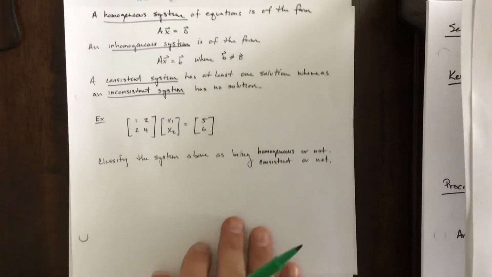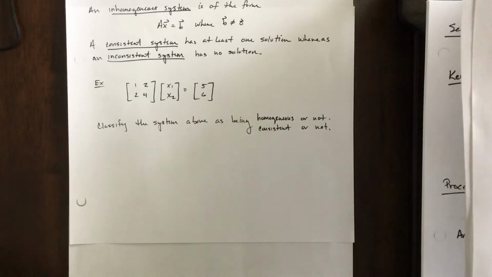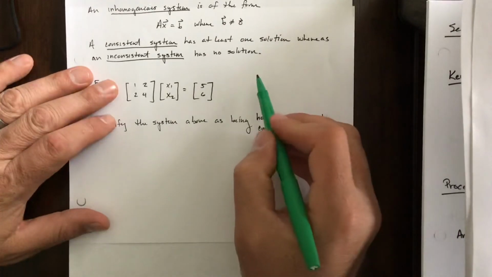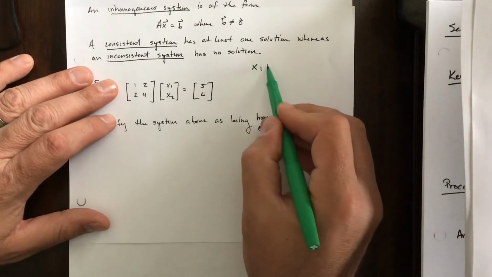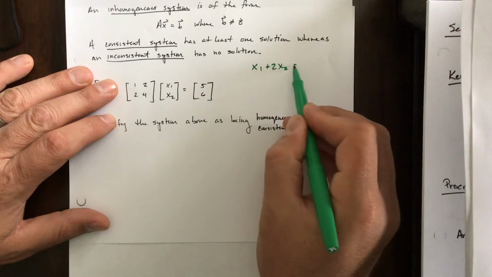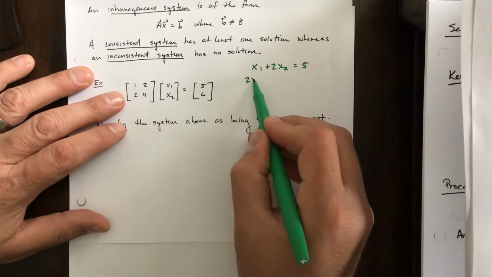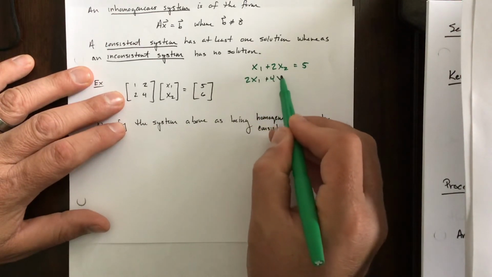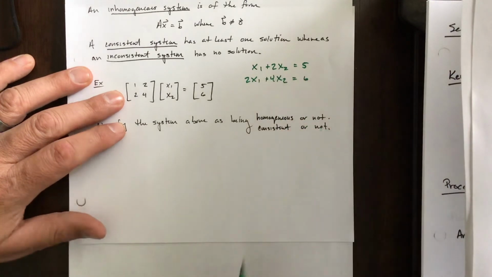So for example, if we look at [1, 2; 2, 4] times [x1; x2] equals [5; 6], what system of equations are we looking at? We're looking at the system x1 plus 2x2 equals 5, and 2x1 plus 4x2 equals 6.